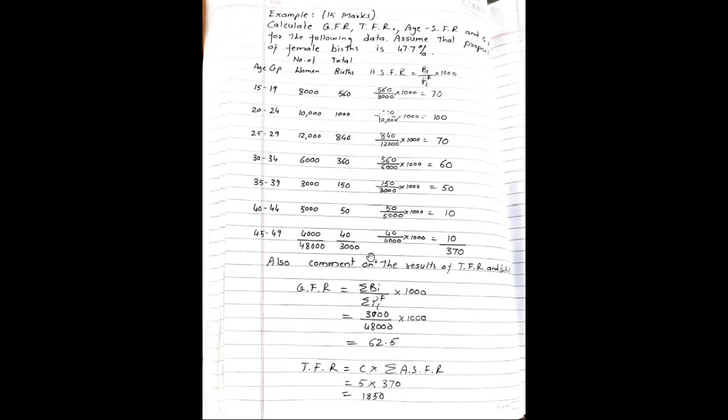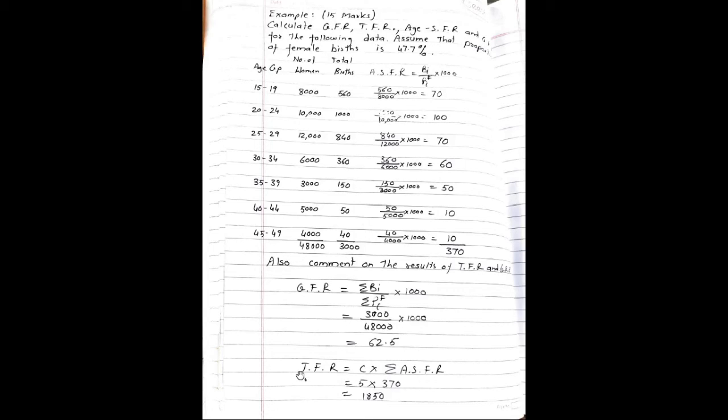So total births are 3000. GFR formula is summation BI upon summation PIF into 1000, which can be written as 3000 divided by 48,000 into 1000. So GFR value is 62.5.